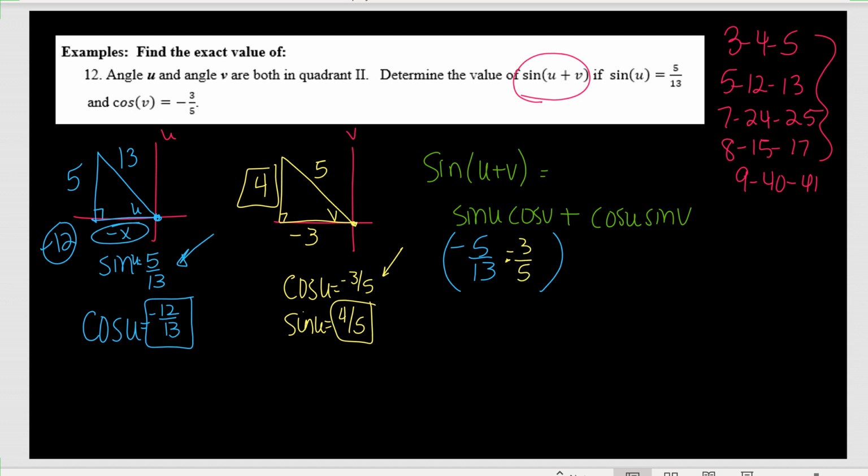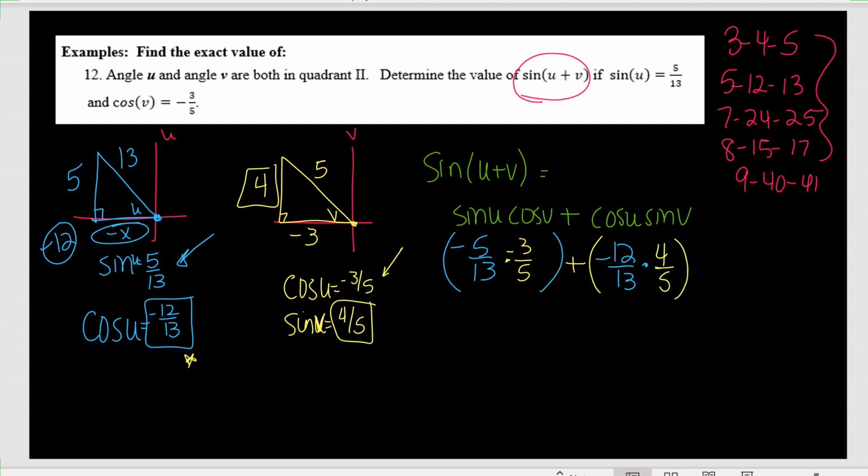We're just taking those values that we have, because they're not the ratios from the unit circle, they're ratios from the given triangles. All right, and then cosine of U we had to solve for. That is negative 12 over 13, multiplied by sine of V that we had to solve for, which was 4 over 5.